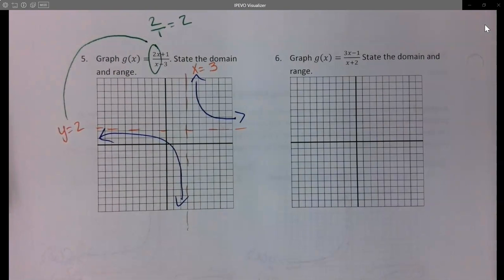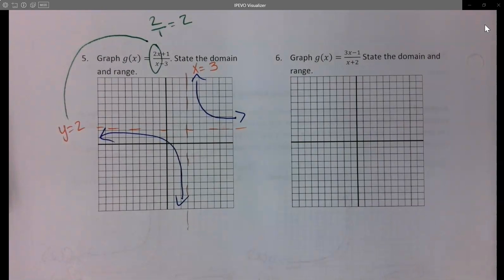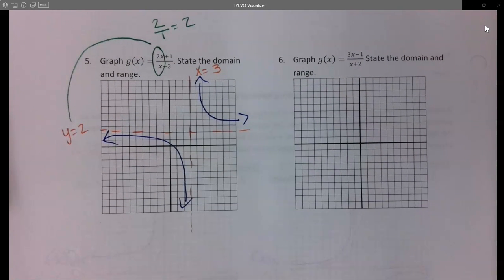So I took my coefficients to get that y equals sign, and then it's opposite the denominator for my x.